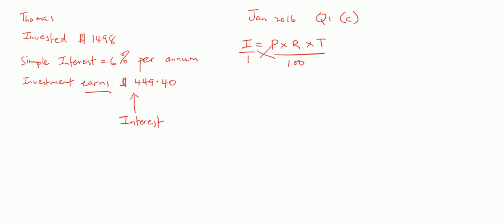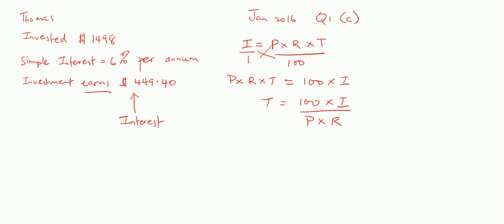Right? Cross multiply, we end up with principal by rate by time is equal to 100 times I. Therefore, time will be equal to 100 multiplied by I divided by principal by rate.